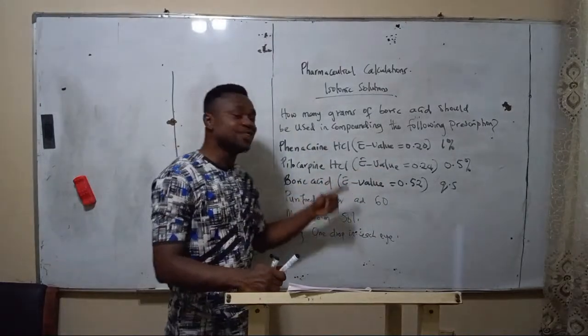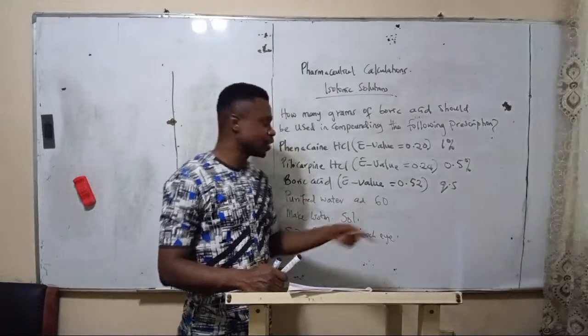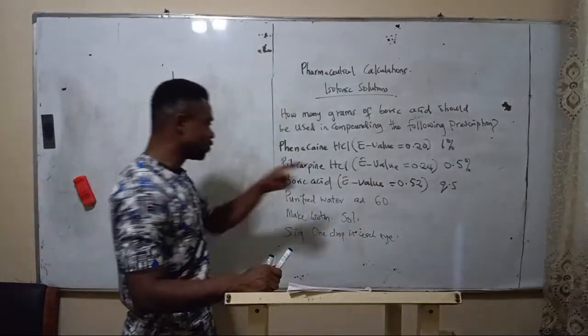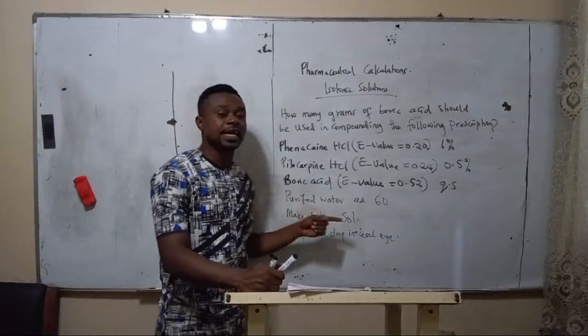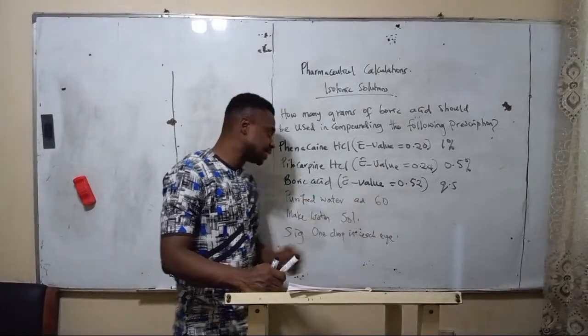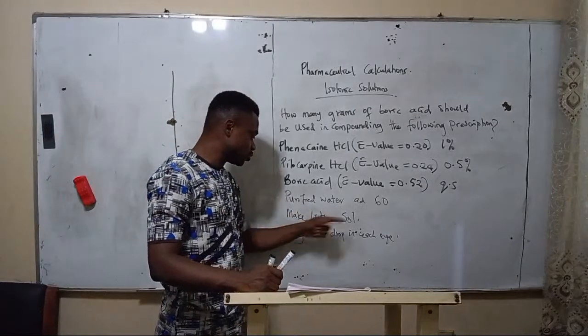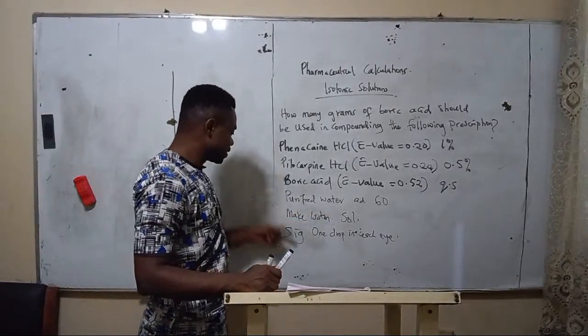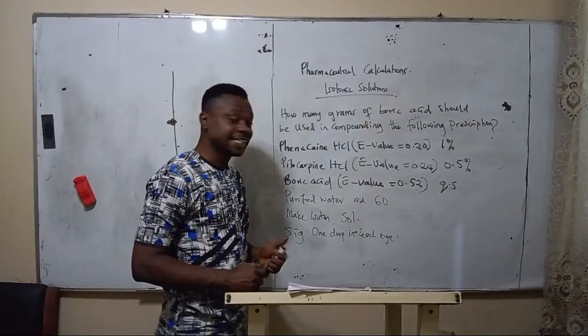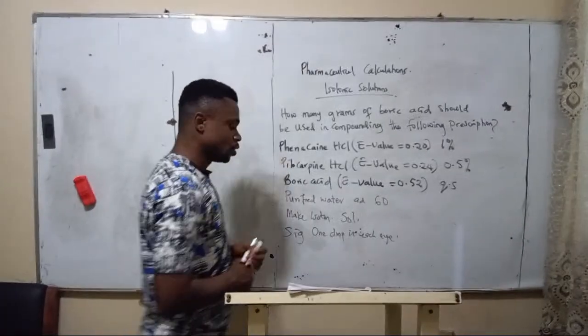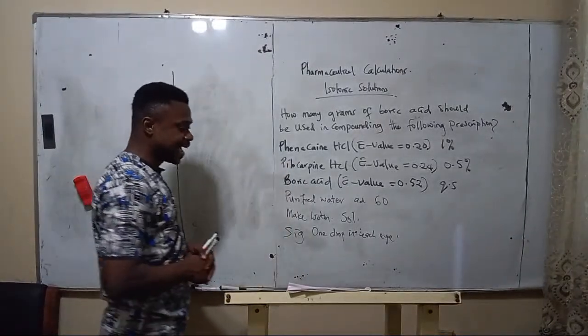Boric acid, E value 0.25, QS, sufficient quantity. Purified water, add 60, that is 60 ml. Make isotonic solution. Sig: 1 drop in each eye.